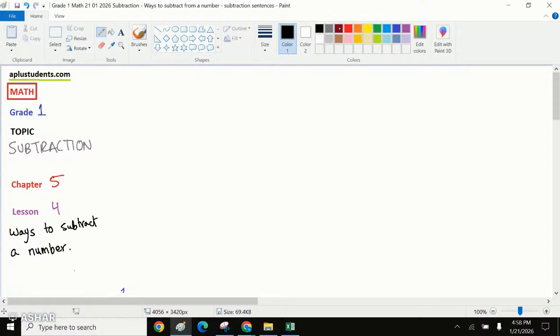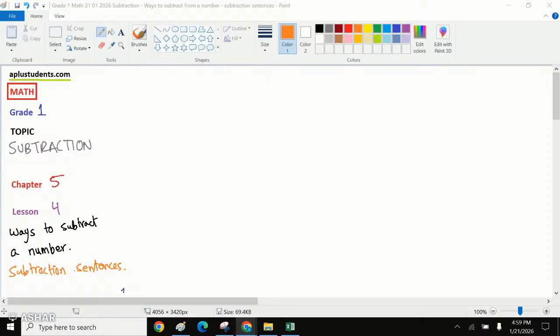Okay, and we are looking at subtraction sentences. Okay, so let's go to grade 1 maths, grade 1 chapter number 5 subtraction, and we have lesson number 4.